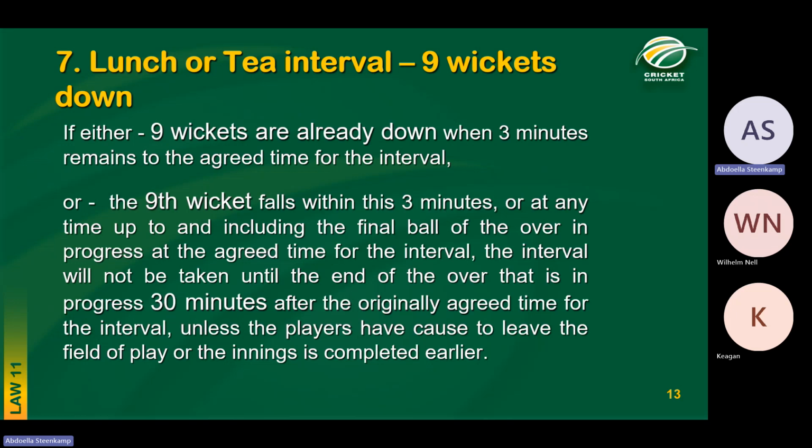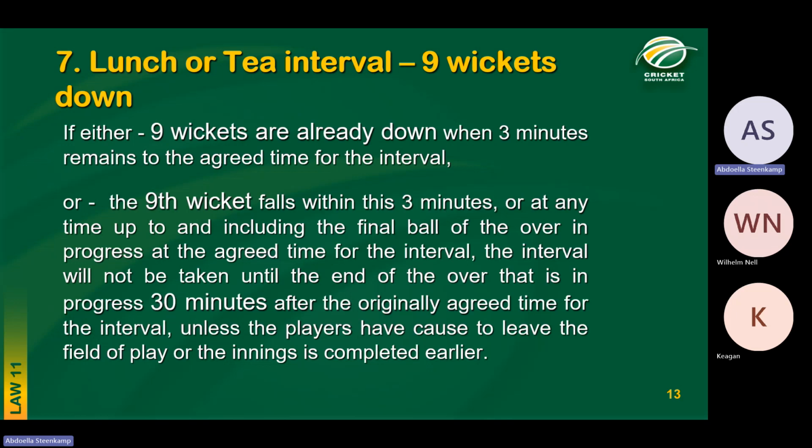We will play an extra 30 minutes, a max of 30 minutes, to see if the fielding side can take the 10th wicket. I'll just use 2 examples to illustrate what the law tells us. Firstly, the side must be 9 wickets down. If they're 8 down, you cannot activate this clause.